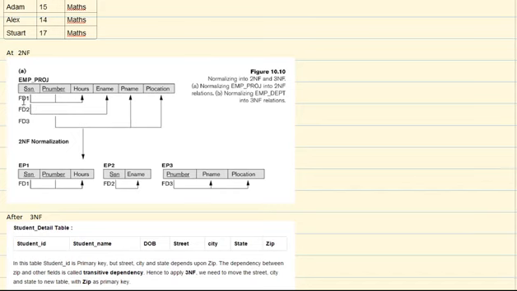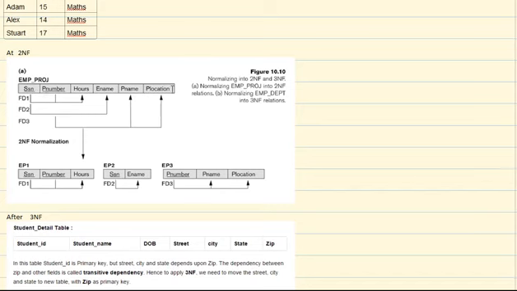So what this means is that SSN and P number is the primary key. Hours, E name, P name, P location, the other non-prime attributes have to be fully functionally dependent on SSN and P number, the primary key, to satisfy 2NF normalization.